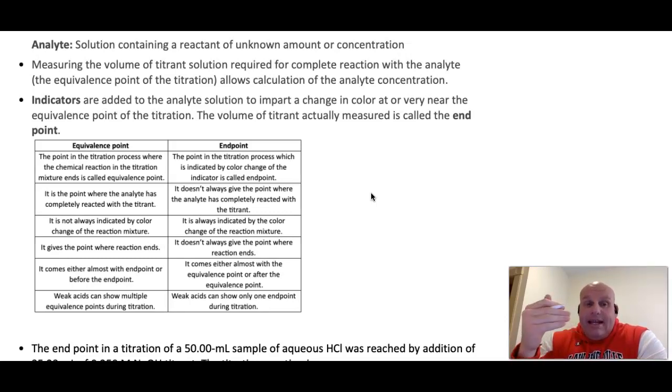If we use an indicator to show us that color change, what we're finding there is the end point. The equivalence point is the point in the titration process where the chemical reaction in the titration mixture ends. That's the equivalence point. And so that's the point where the analyte has completely reacted with the titrant. While they'll be close, it's not exactly the same thing.